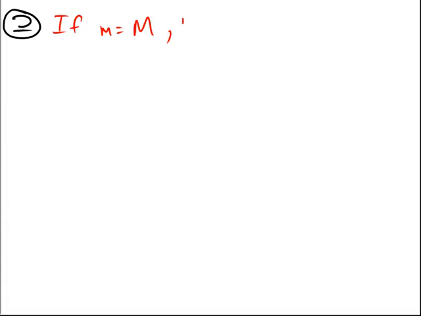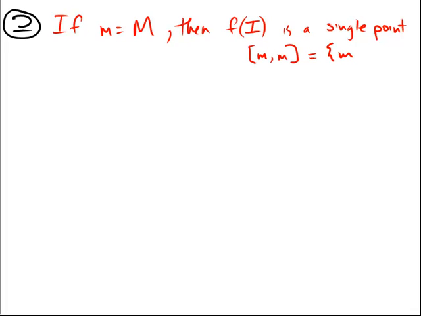Then f of I would be a single point, and that's kind of a trivial interval. That would be an interval that starts at m and ends at m, because that just is the singleton m. So in that case, it's kind of done already. That's definitely compact. It's a really small interval. It's only one point.